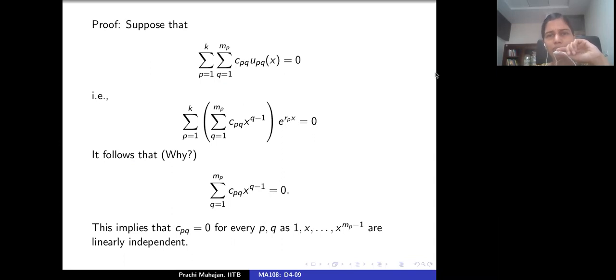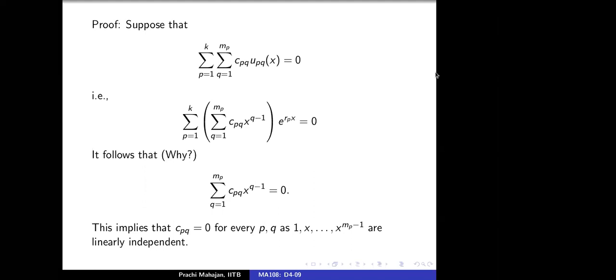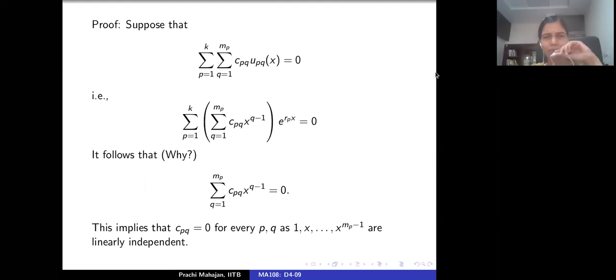Now I am going to put a parenthesis, which involves terms summing over the index q, and nothing changes because this is a finite sum. From the second equation on this slide, it is immediate that whatever is in the parenthesis must be 0. How does this follow? Ma'am, because e to the power rpx is never 0.